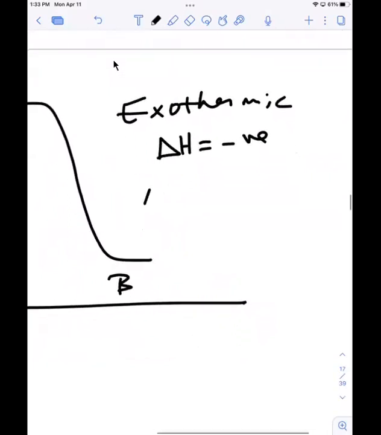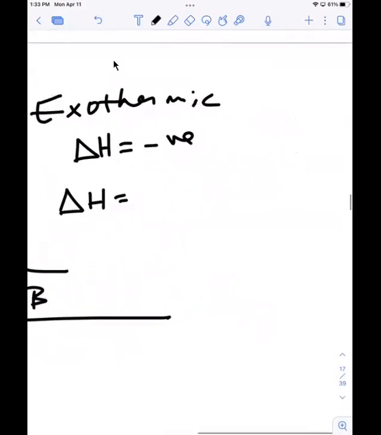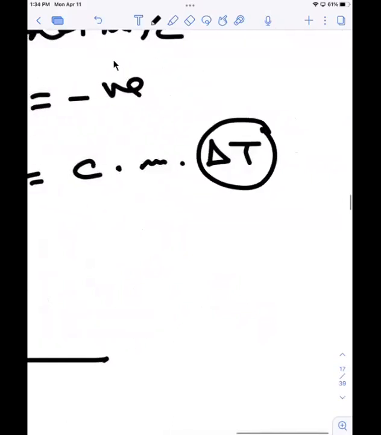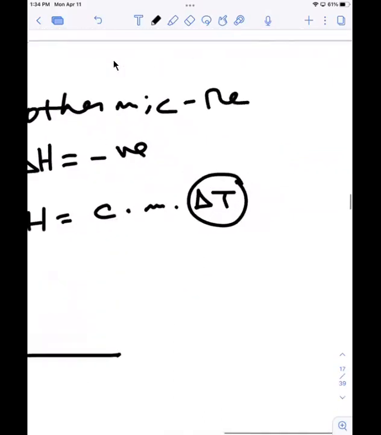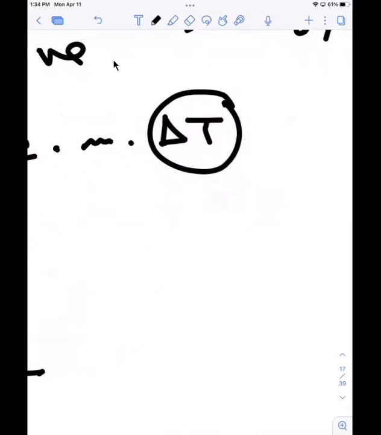When we think about delta H as C times M times delta T, it's the delta T that makes it negative, because if it releases energy, then the initial temperature is going to be higher than the final temperature, right? Because delta T is T final minus T initial.